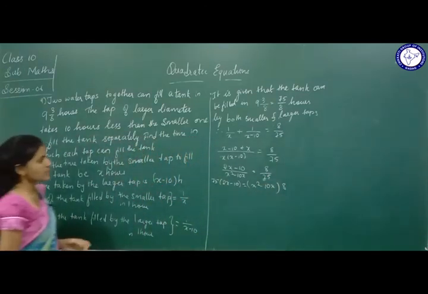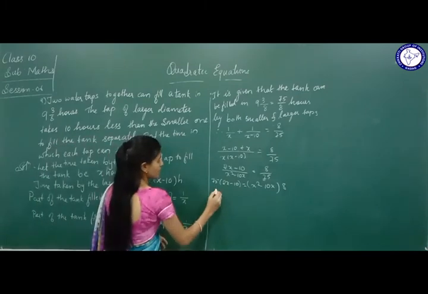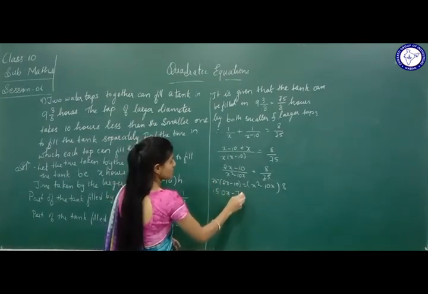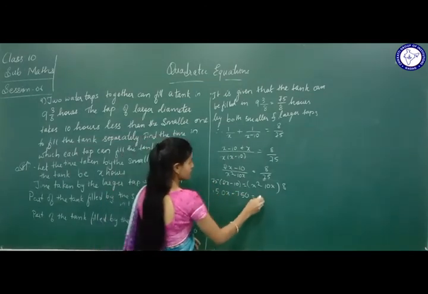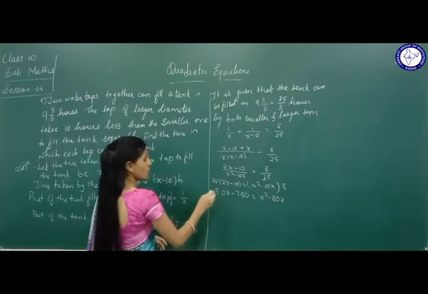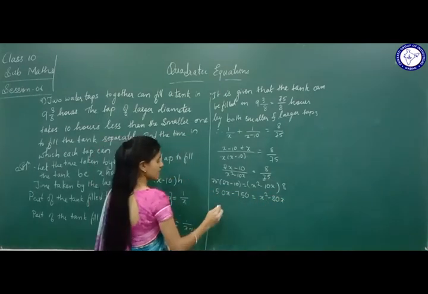Now 75 2s are 150x minus 750 is equal to 8x square minus 80x. Shift all the left hand terms to the right hand side.